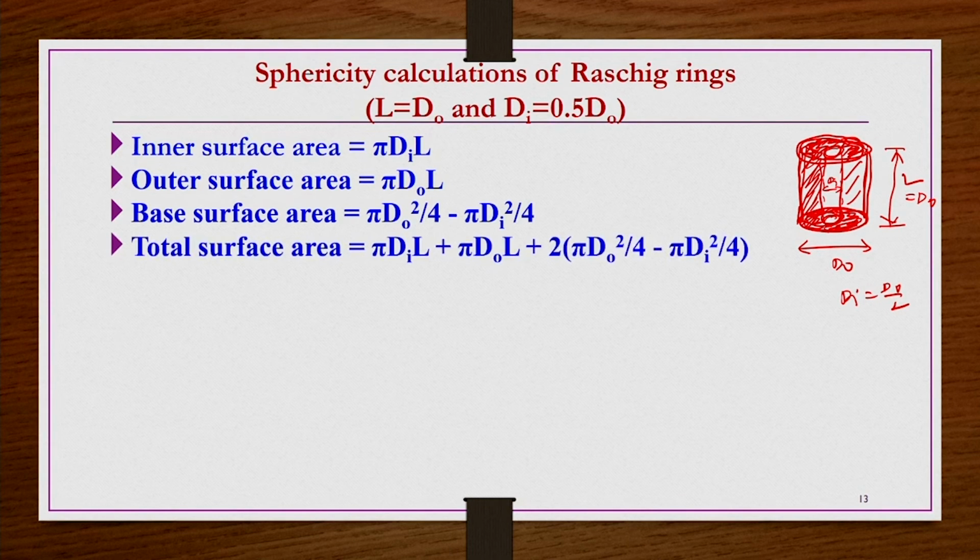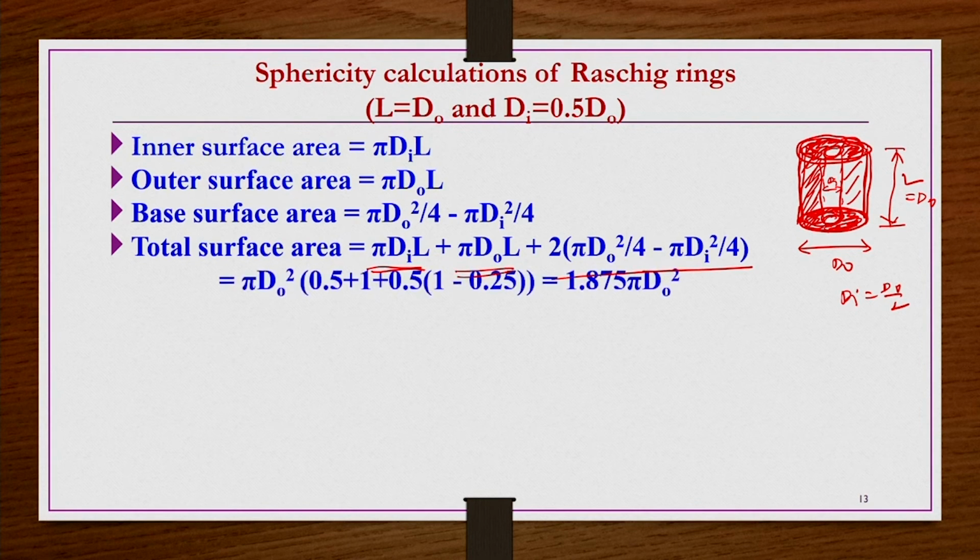So, the total surface area is pi di L plus pi d naught L plus 2 times (pi d naught square by 4 minus pi di square by 4). If you substitute L equals d naught and di equals d naught by 2, you are going to get 1.875 pi d naught square.